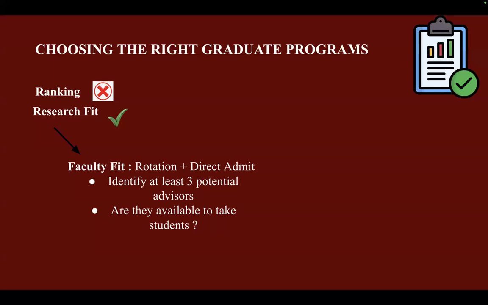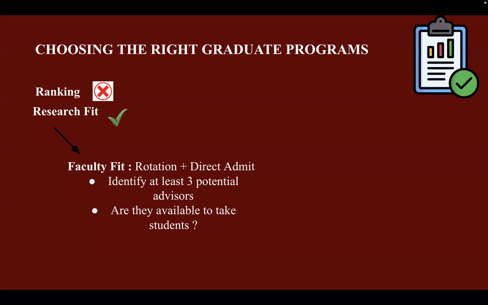A lot of programs have a rotation based system, and then a direct admit system. When you are in a rotation based program, a committee selects you, and you rotate in your first year. You rotate through 3 or 4 labs, and you are a part of each lab, and you do work there.